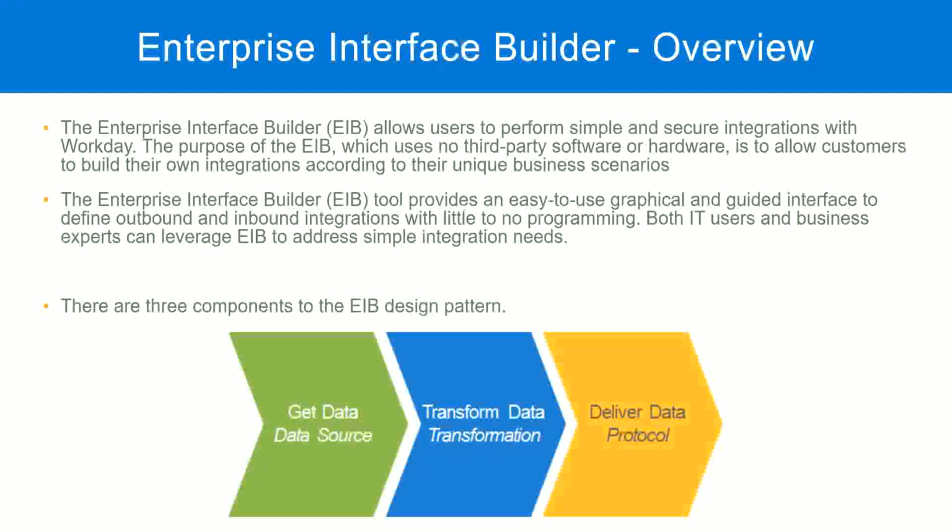If yes, configure that. If no, leave it blank. And then deliver the data. How are we going to send the data to an external system? We have to configure that as well. So once we do these 3 steps, our EIB is ready. We are going to start exchanging information from Workday with an external system.